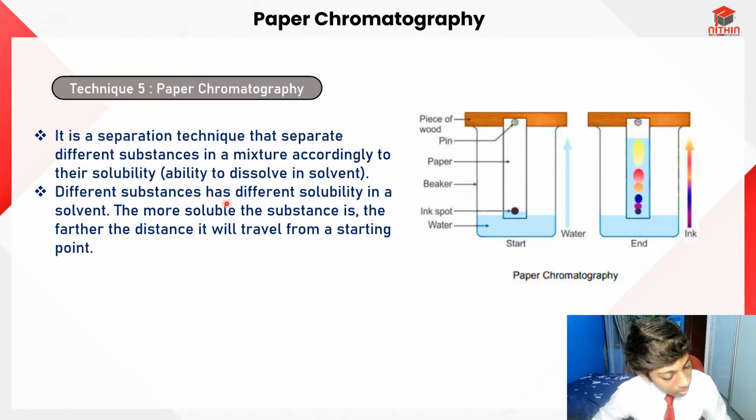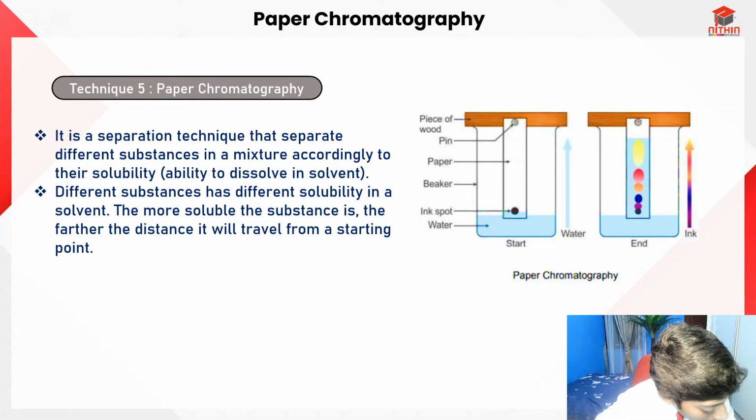Different substances have different solubility in a solvent. The more soluble the substance is, the farther the distance it will travel from the starting point. What we need to do is take a pencil. At the start of every paper chromatography experiment, we have a piece of paper hanging down here, and then we take a pencil and a ruler and draw a straight line.